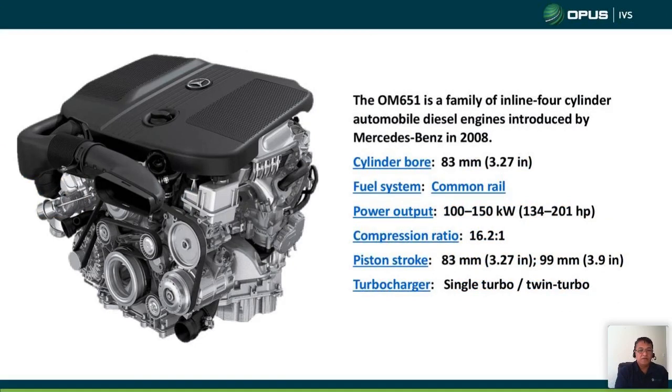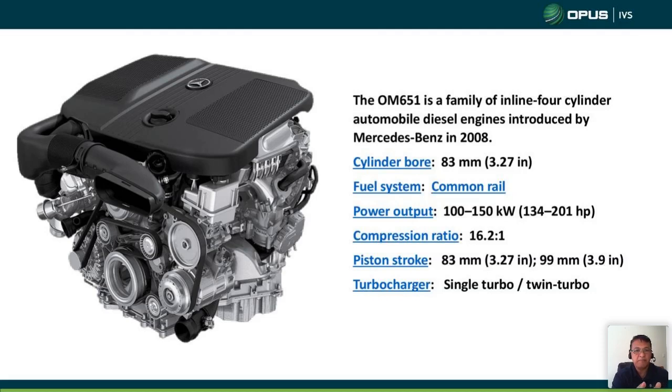Okay, we will start now with the first engine, which is very common to most sedan cars, MLs and Sprinters. Just to give you an idea, the specification for this particular engine is a family of inline 4-cylinder.